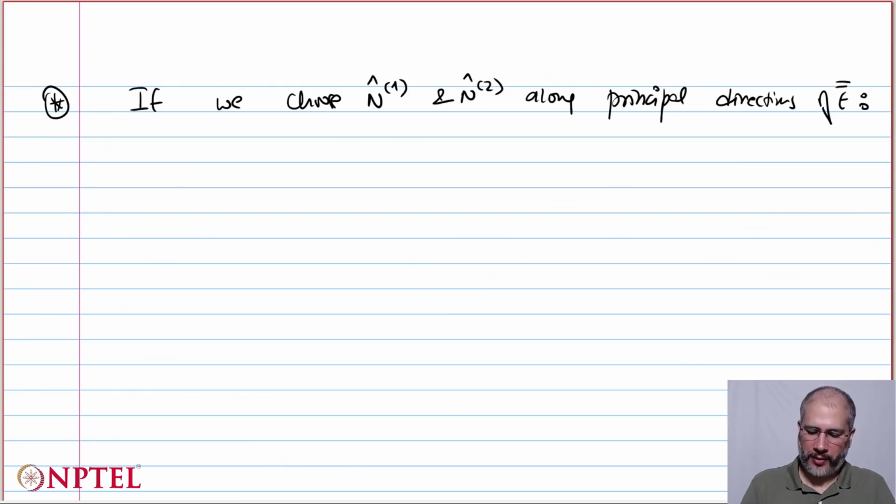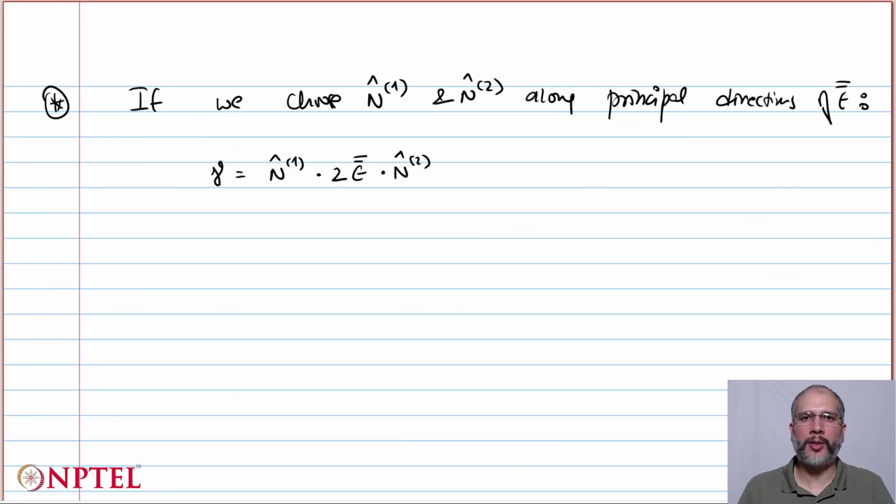So in the derivation above, we had shown that gamma is n1 hat dot twice epsilon dot n2 hat, where n1 hat and n2 hat are any two perpendicular vectors in the material coordinate system. So if I choose n1 hat and n2 hat as two principal directions of epsilon, and remember principal directions are mutually perpendicular, so this also holds in that case. But things get a little interesting in the principal directions. Let us see. So what is epsilon dot n2?